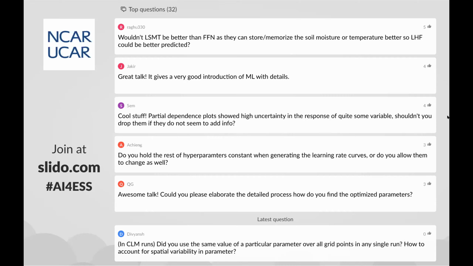I think the question is asking about the emulation itself, and that could definitely be approached from a lot of different perspectives. We want to keep in mind that we're trying to predict carbon and water fluxes. So keeping those physics in mind and choosing architectures and algorithms based on those physics is in general a good thing to do. I can't be more specific, but I'm happy to follow up.